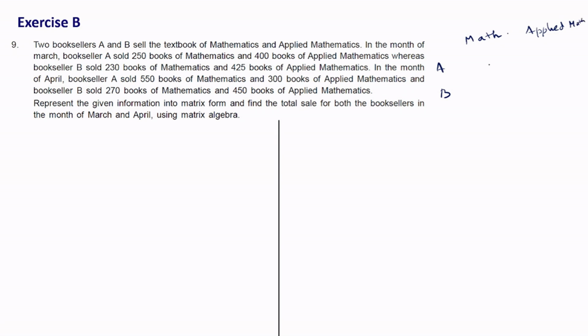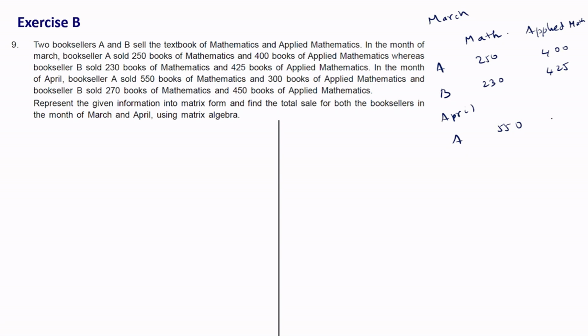So in the month of March, A sells 250 math books and 400 applied math books. B sells 230 math books and 425 applied math books. This is for March.